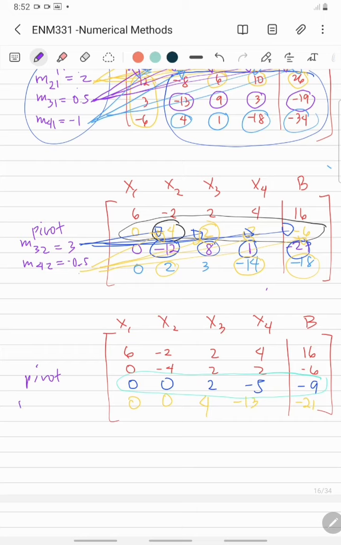Here for our multiplier, we have row 4, column 3. This is our pivot, and our multiplier is 4 divided by 2, and that is equal to positive 2.